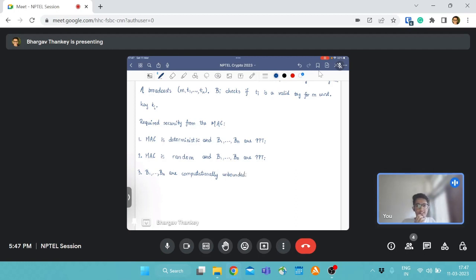Okay, so in the first case, what should we use? A CMA secure MAC, an SCMA secure MAC, or an information theoretic secure MAC?